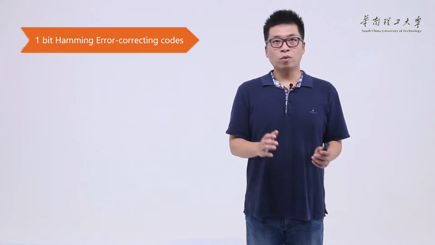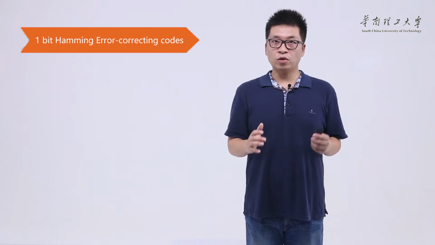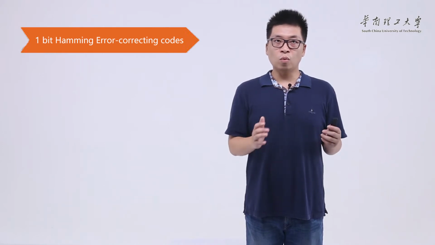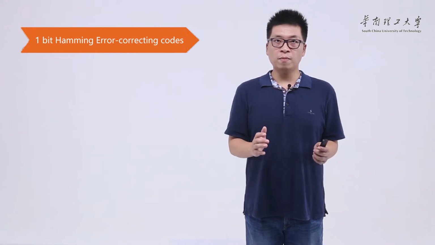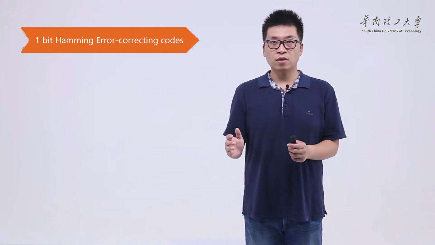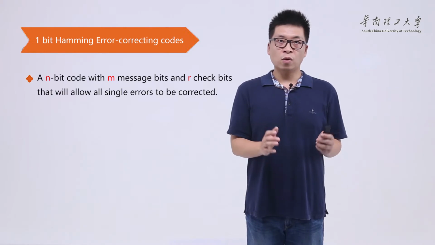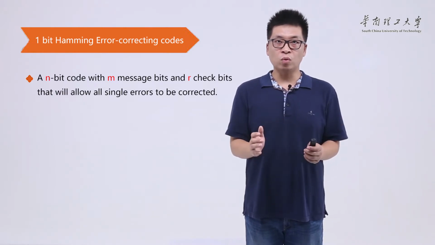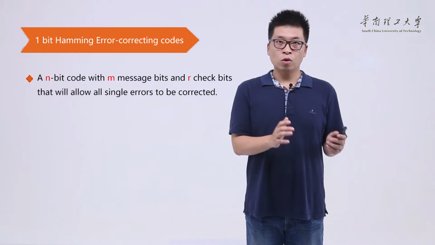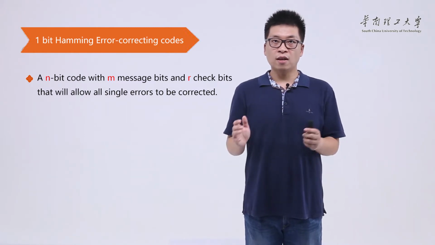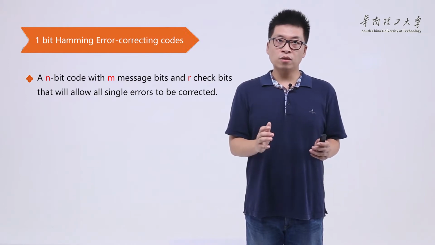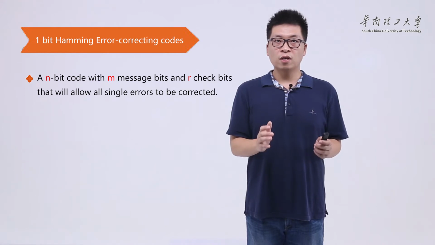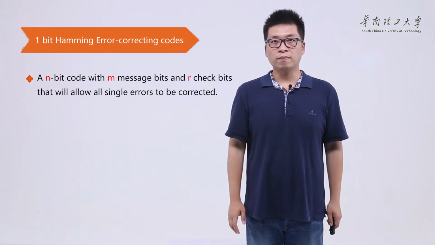Now we look at how we can use Hamming code to do 1-bit error correction. We call it the 1-bit Hamming error correcting code. Imagine that we have an n-bit code in which we have m-bit messages and r-bit check bits, and we want to detect and also correct all single errors.